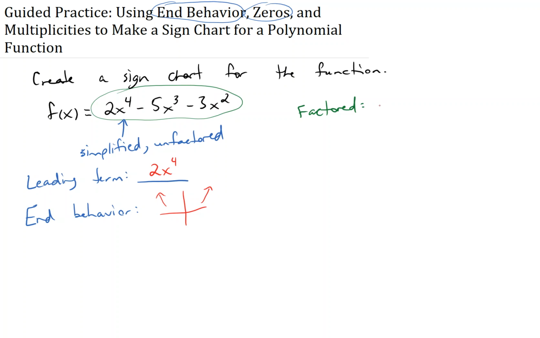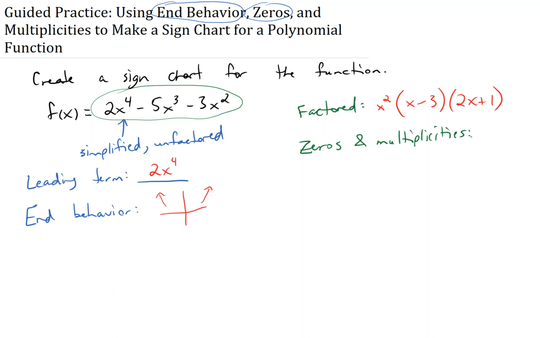Okay, when you factor this, you should get x squared times x minus 3 times 2x plus 1. And the x minus 3 and the 2x plus 1 could be interchanged. The order of those does not matter. Now what's useful about the factored version is it gives us the zeros. So now what I want you to do is see if you can identify the zeros and multiplicities of the function.